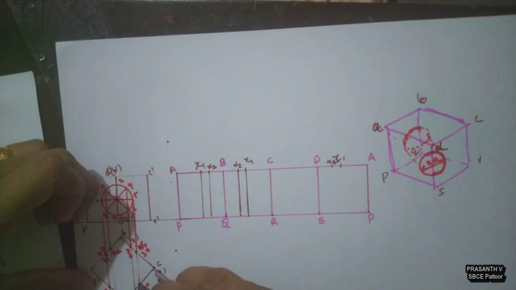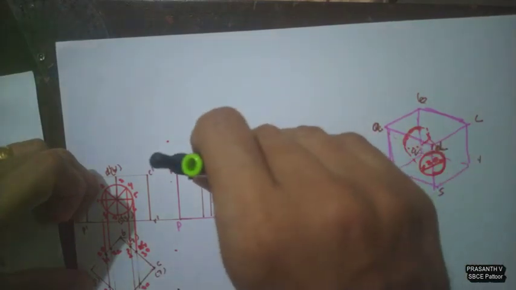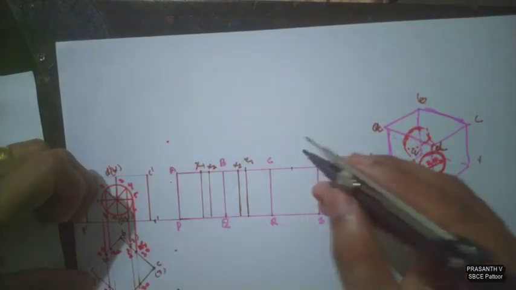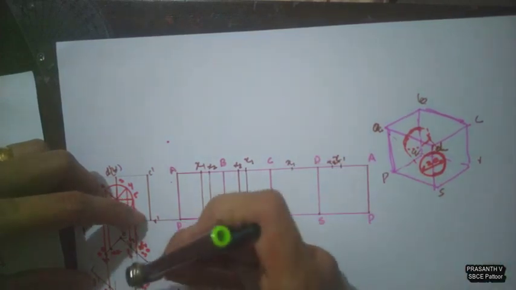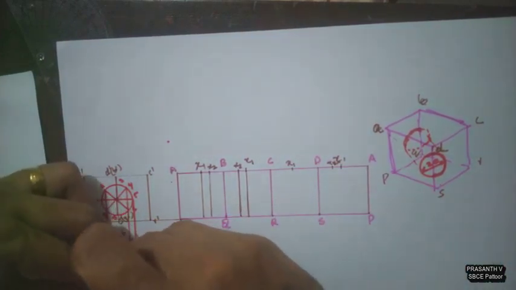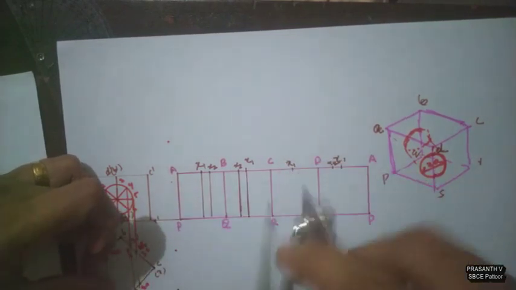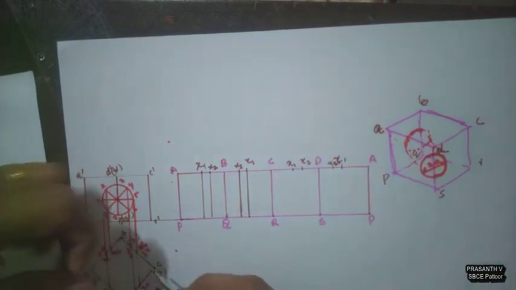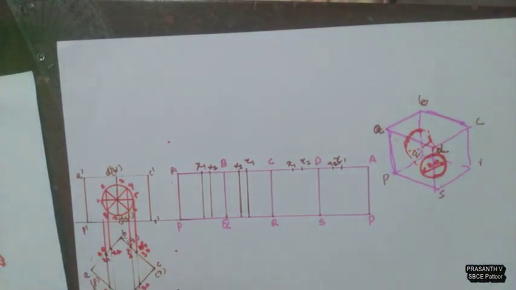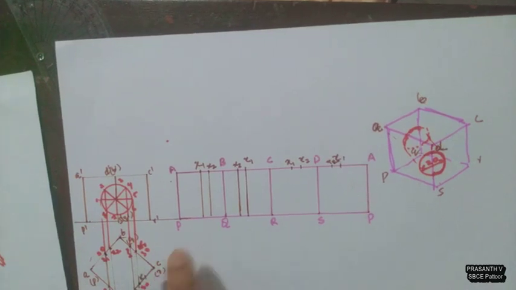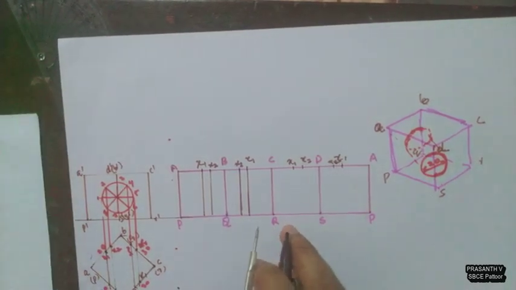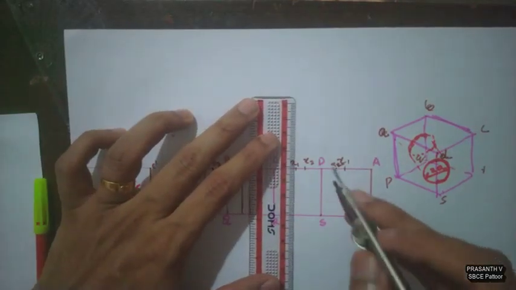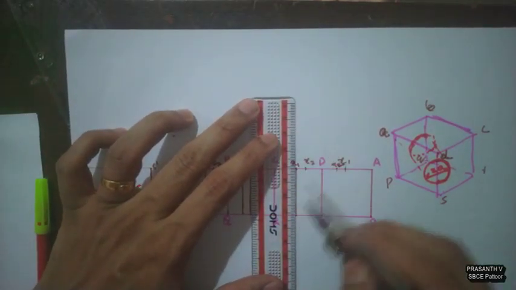This is C to x1 from this. Again mark C to x2. This is C to x2. See, you have to remember, this is x1, this is also x1, x2, this is x2, this is also x2, here it is x1. So these are the points. So here also you can complete the imaginary edge on other face, CDA.